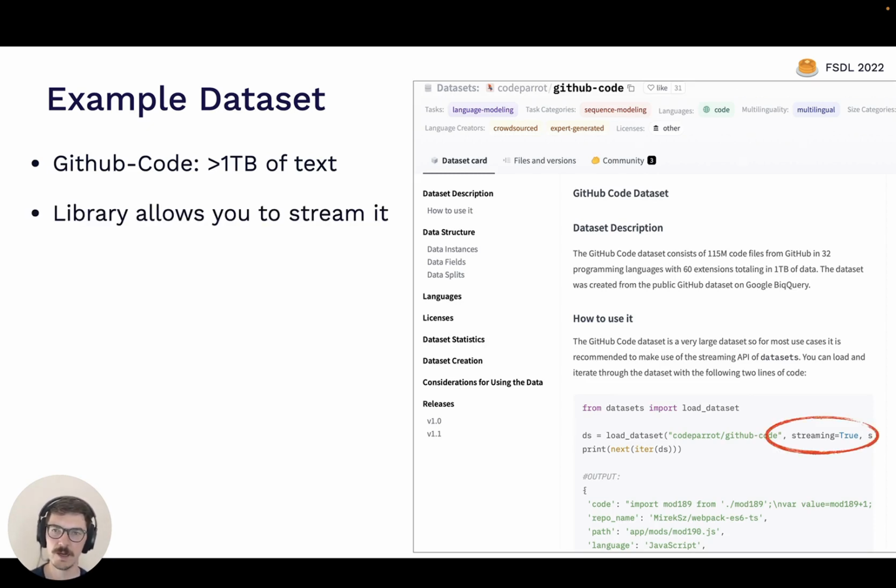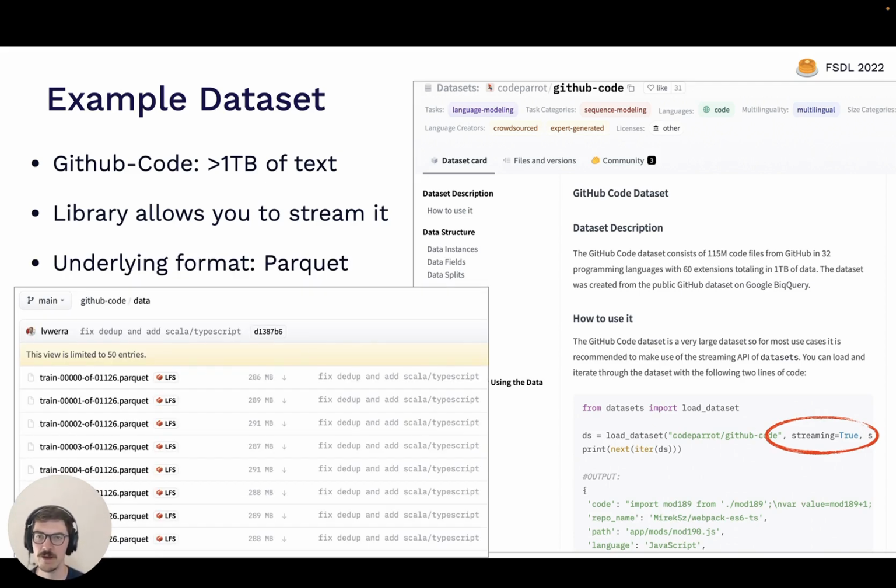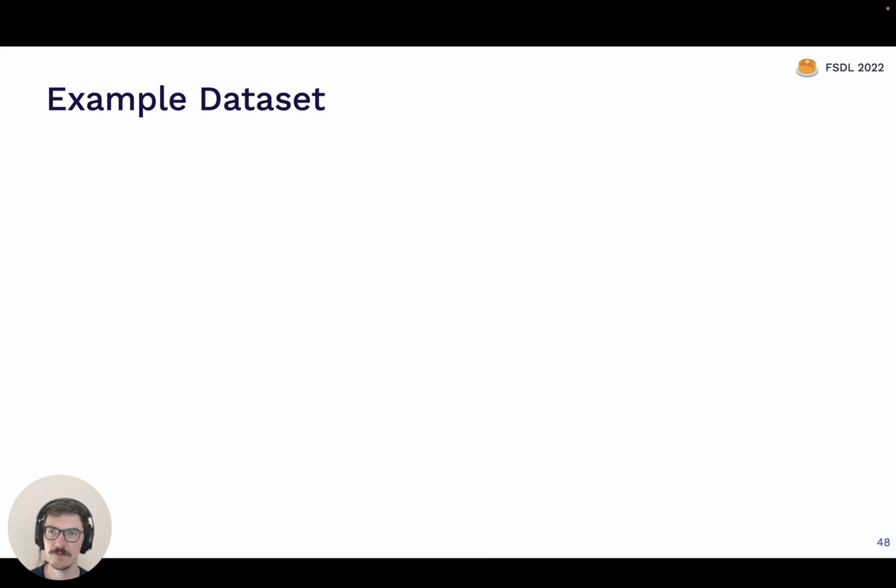The Hugging Face datasets library allows you to stream it, so you don't have to download the terabyte of data in order to see some examples of it. And the underlying format of the data is Parquet tables. So there's thousands of Parquet tables, each about half a gig, that you can download piece by piece.